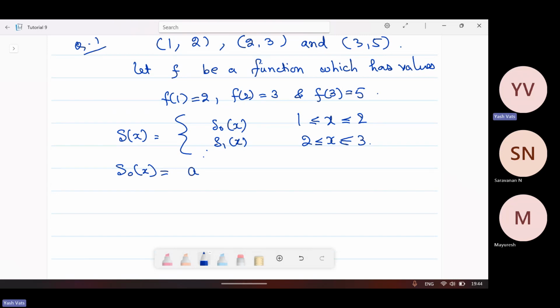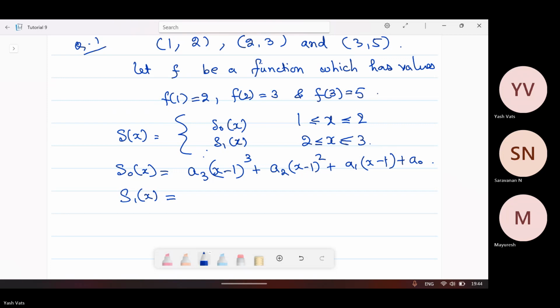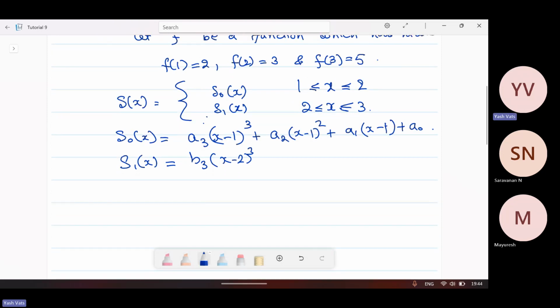It is a cubic, right? Can I take this as minus 1 plus. And what is S1 of x? It is B3, let's say, plus B2.